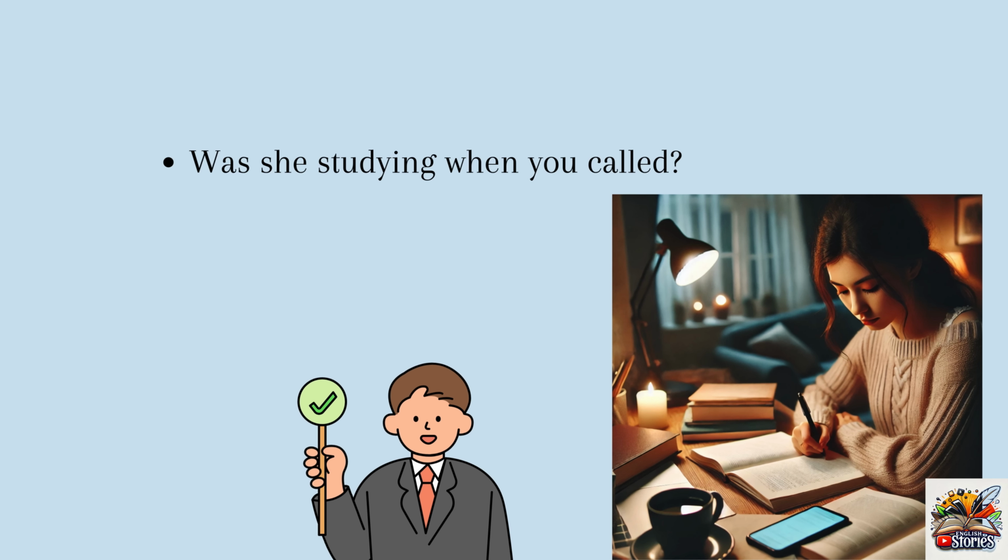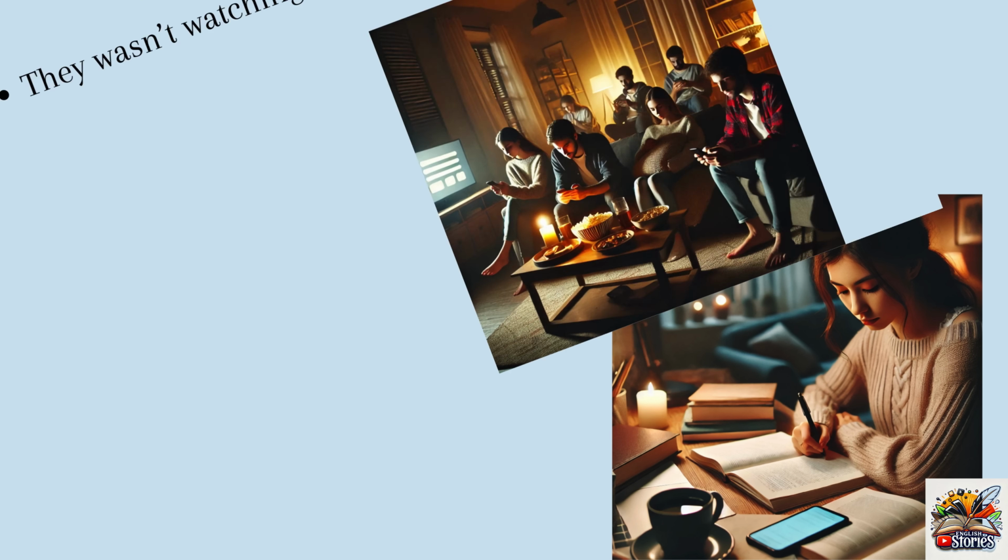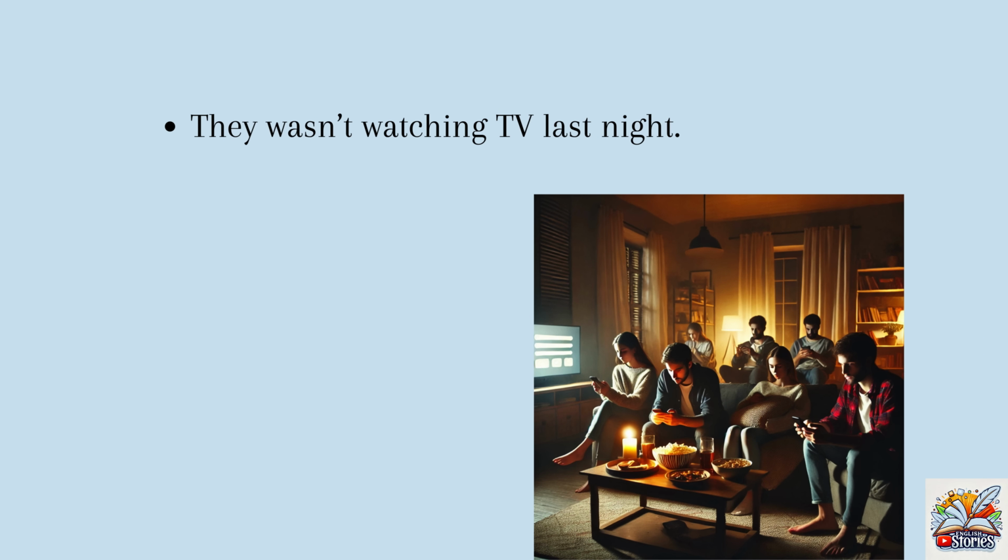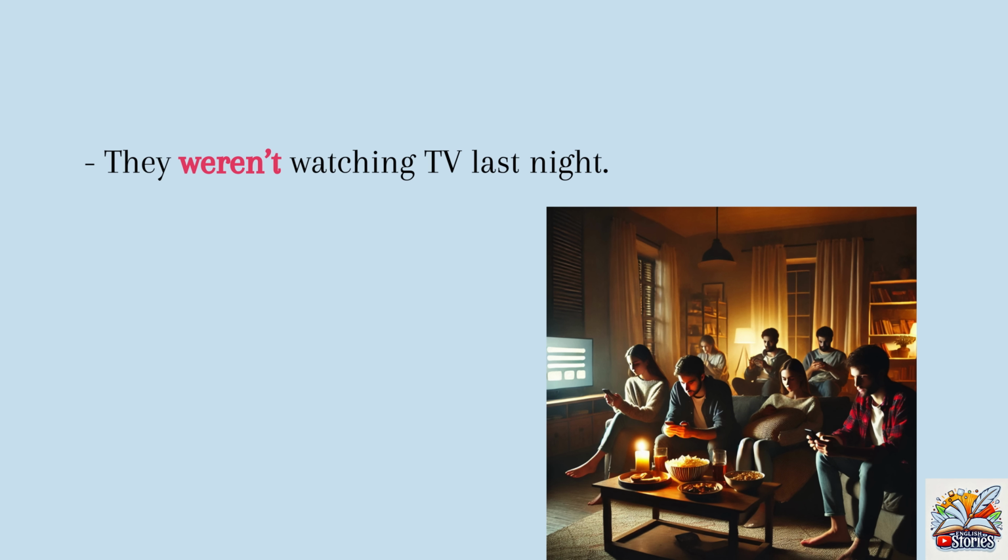The question follows the correct structure for yes/no questions in the past continuous. Was plus subject plus verb-ing. Was she studying when you called? Is asking if she was in the middle of studying at the moment when you called. They wasn't watching TV last night. The correct sentence is, they weren't watching TV last night.